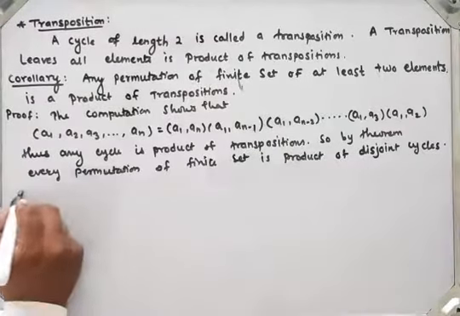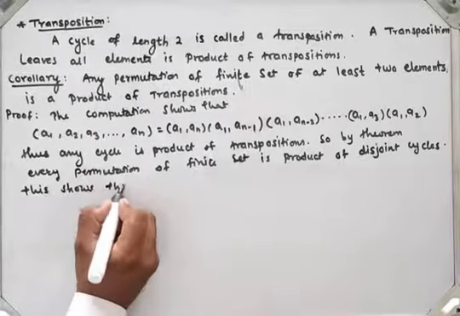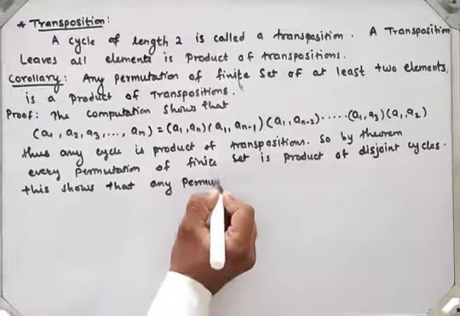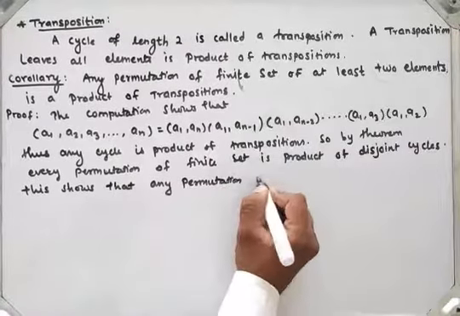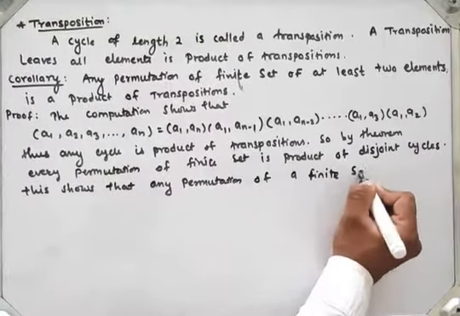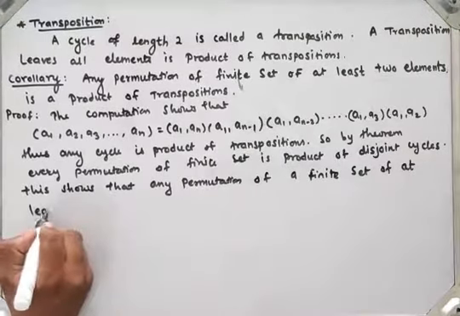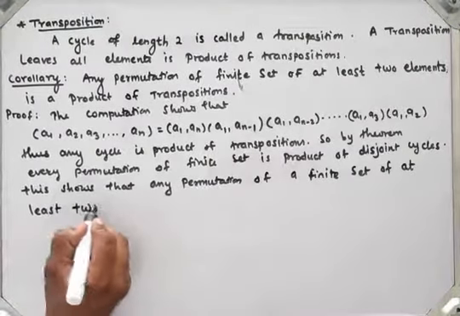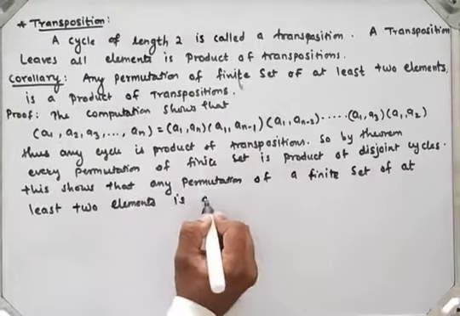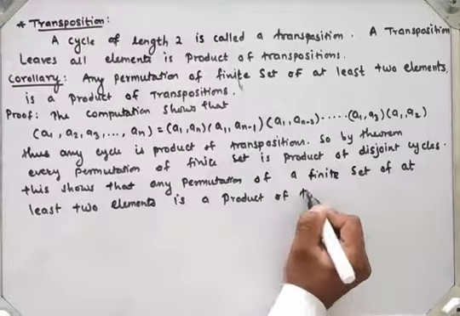This shows that any permutation of a finite set of at least two elements is a product of transpositions.